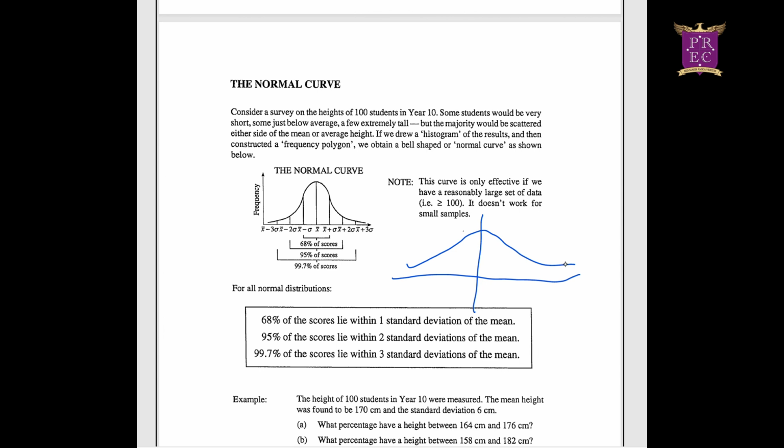So those who do the very best, they'll be here in the top 0.3%. Those who do the poorest will be in here in the bottom 0.3%.